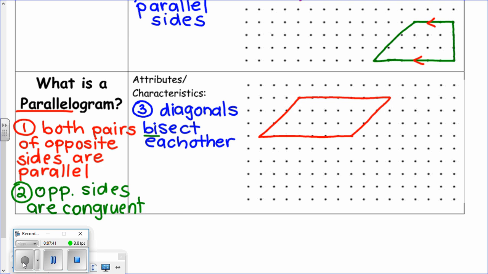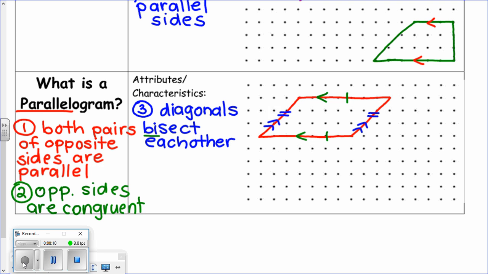So to mark that the top and bottom are congruent, I draw one tick mark. To mark that the left and the right are congruent, I'm going to draw two of those congruent tick marks. And then to show that they are parallel, I can go ahead and draw one arrow to show that the top and bottom are parallel, and two arrows to show that the left and right are parallel to each other.